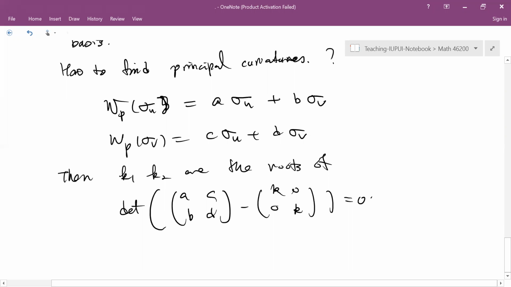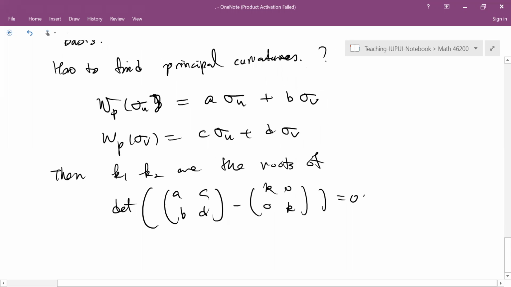Once you find the eigenvalues, then you can get eigenvectors. Using the eigenvectors, you can show that they are orthogonal to each other as long as K1, K2 are not equal.